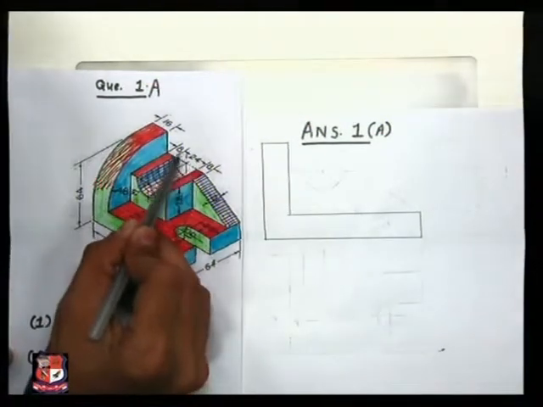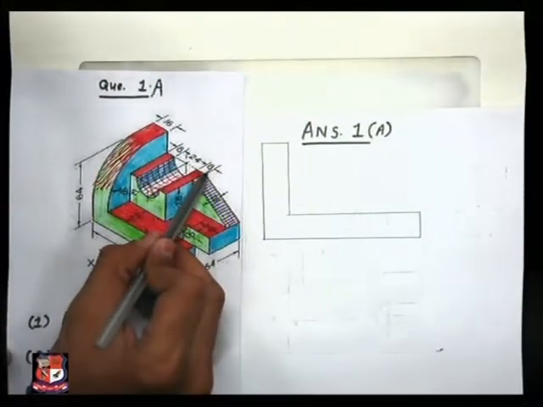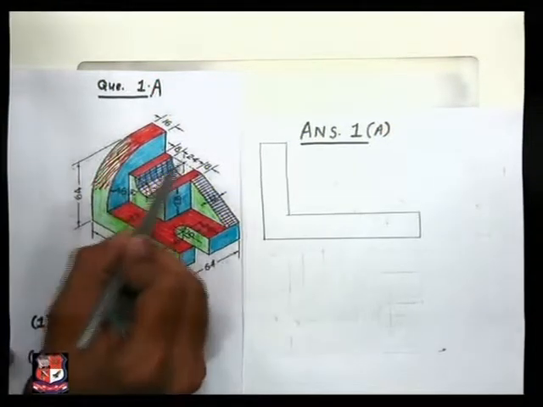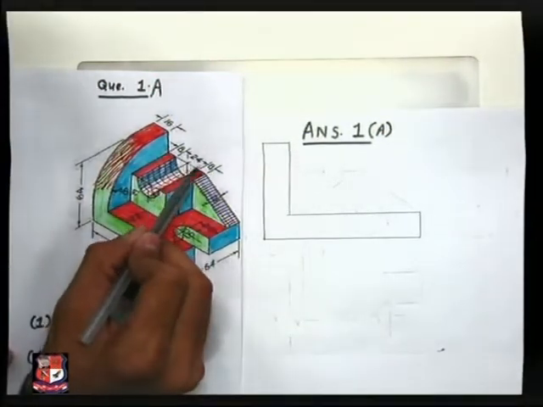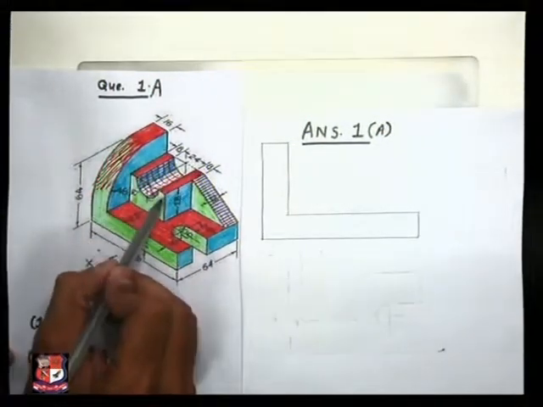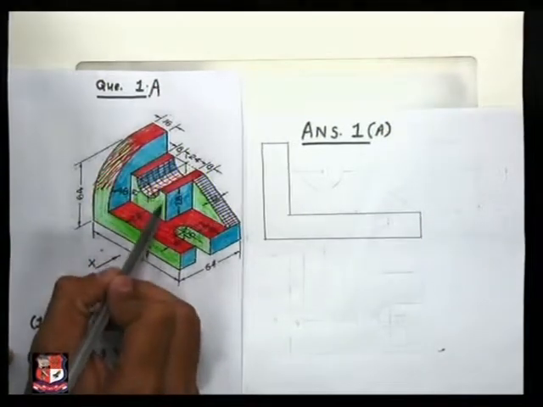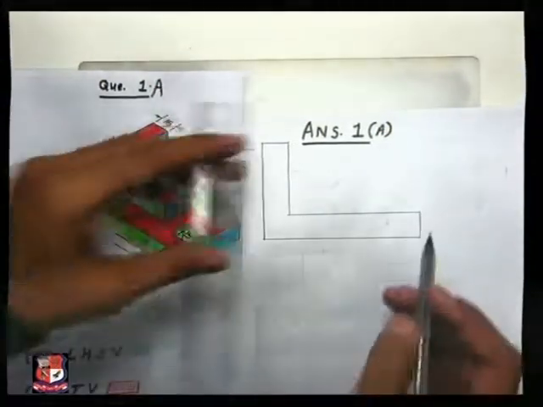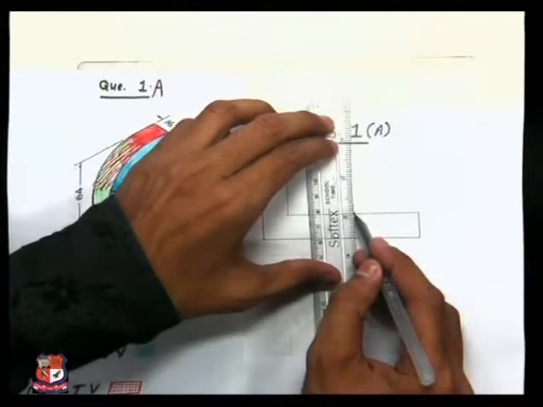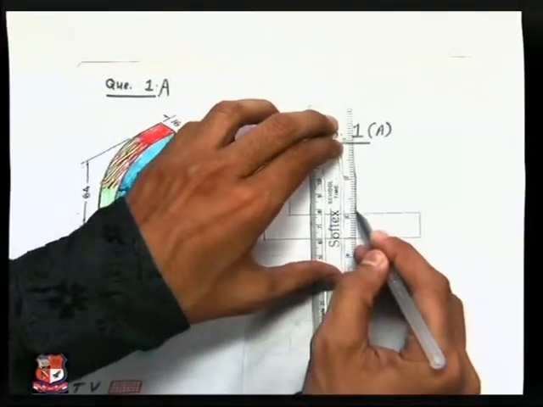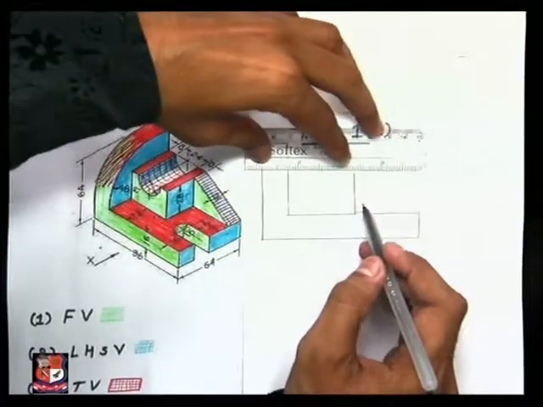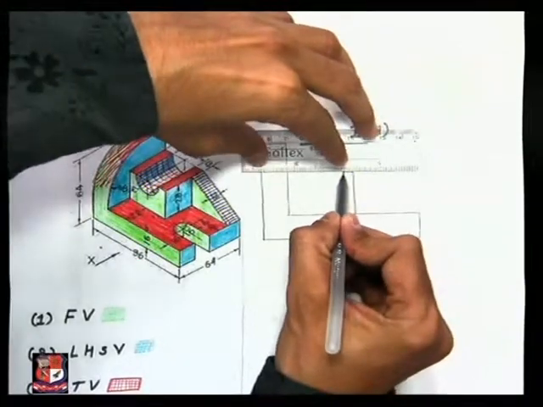So 24 plus 8 plus 8 means 40. So width would be 40, height would be 28. So represent that rectangle over here with height equal to 28 and width equal to 40. It should be drawn like this.